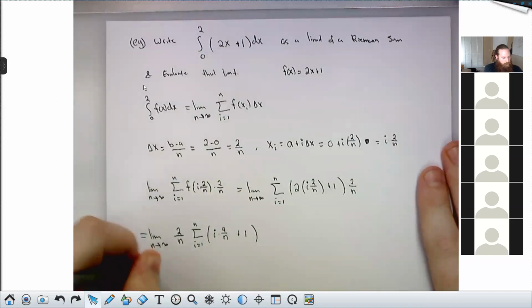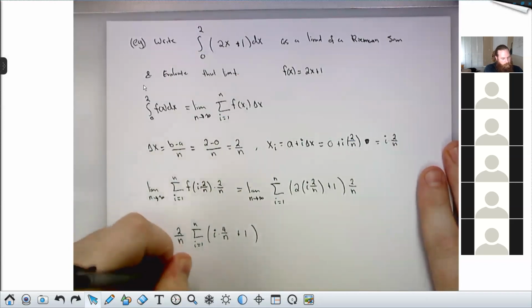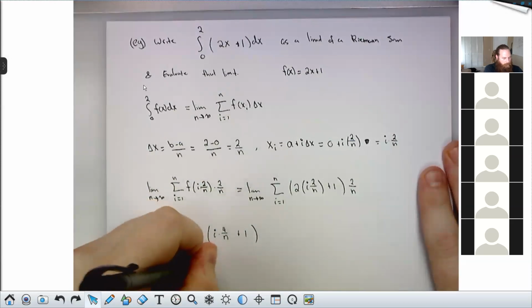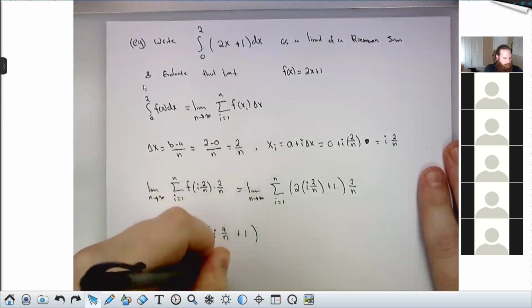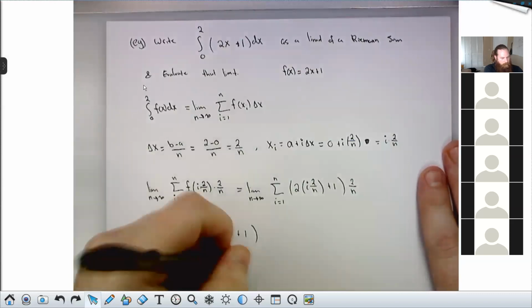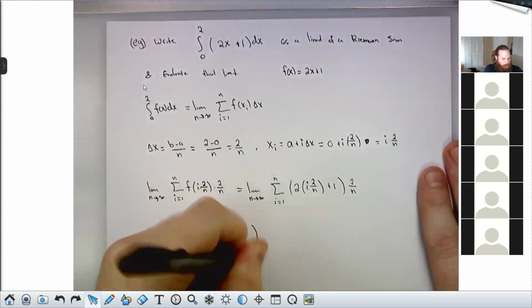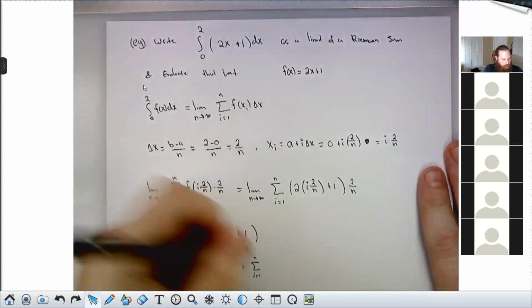So from here, I have the limit as n goes to infinity, 2 over n, and then I would split the sum up. This is the sum i from 1 to n of i times 4 over n, plus the sum from 1 to n of 1.